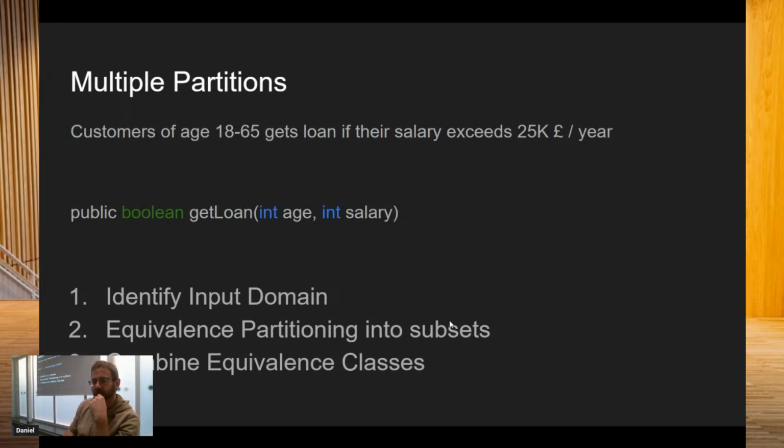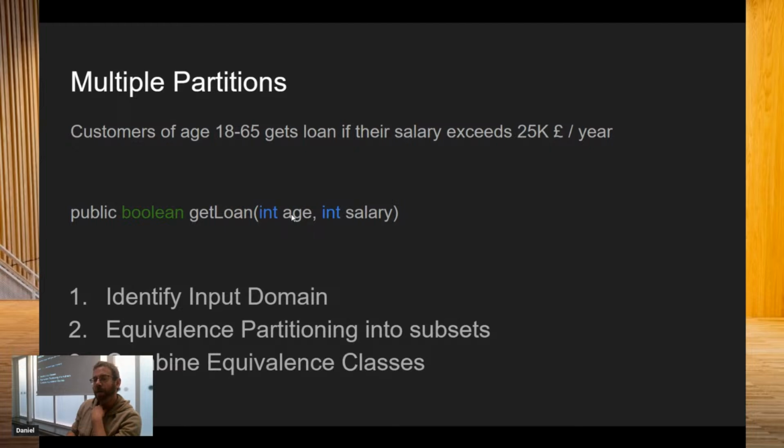Equivalence partitioning into subsets, and then combine equivalence classes. So for the age, we have the invalid ages, I guess everything below 18. Like negative numbers, perhaps we're throwing exceptions for those, but we could also just handle those: you're not going to get a loan, you're going to return false for a negative number. And then 1 to 17 is also false.